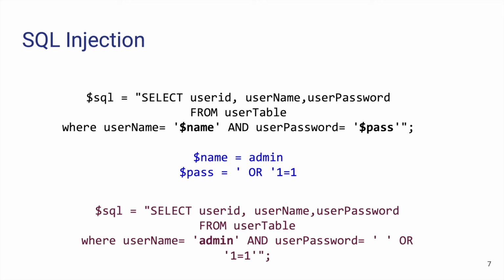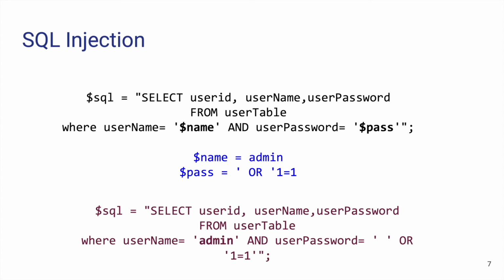Here, the password field will be empty and there is a logic 1 equal to 1, which will always be true. So this SQL statement will return a value of true. So the user, even without the actual password, can log into the system.